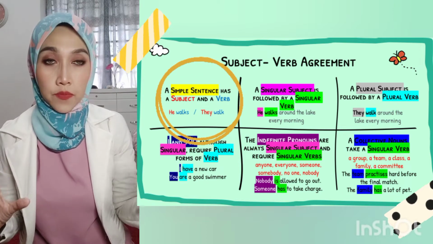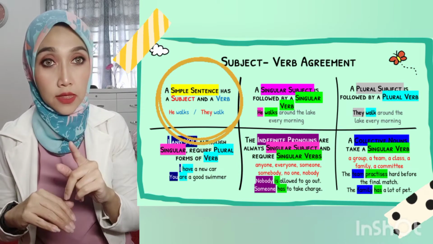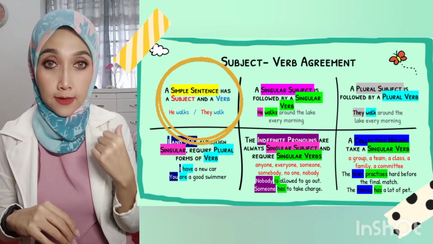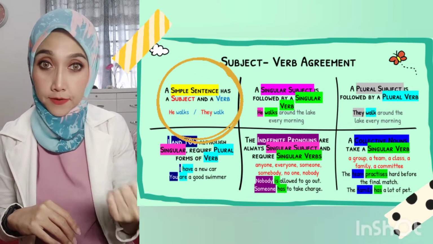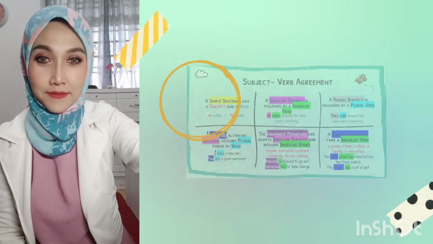So here you just focus on the simple sentence. You know that a simple sentence should have a subject and a verb. Let's look at the next slide.